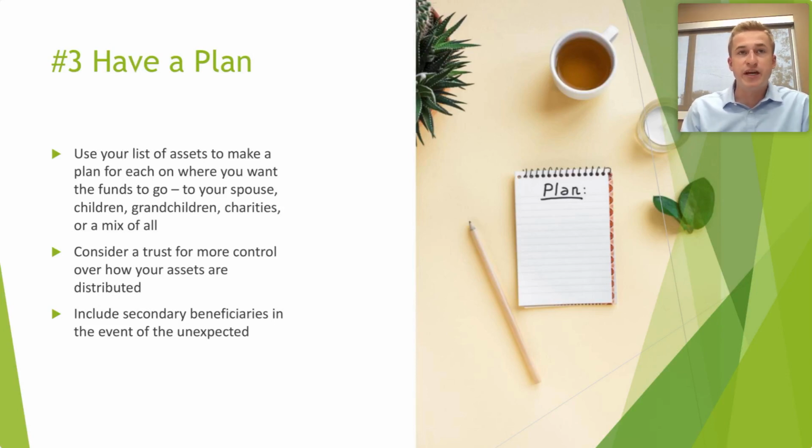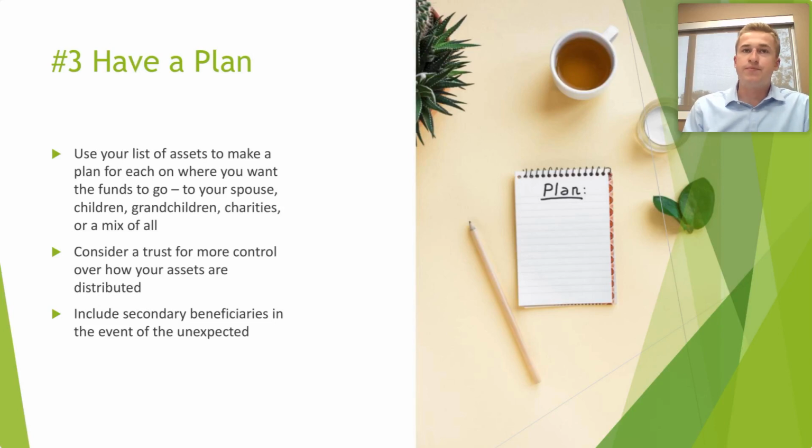but usually your contingent beneficiary might be the trust, and any non-qualified assets would be owned by the trust itself. The other thing to keep in mind is the use of secondary or contingent beneficiaries for an unexpected event.